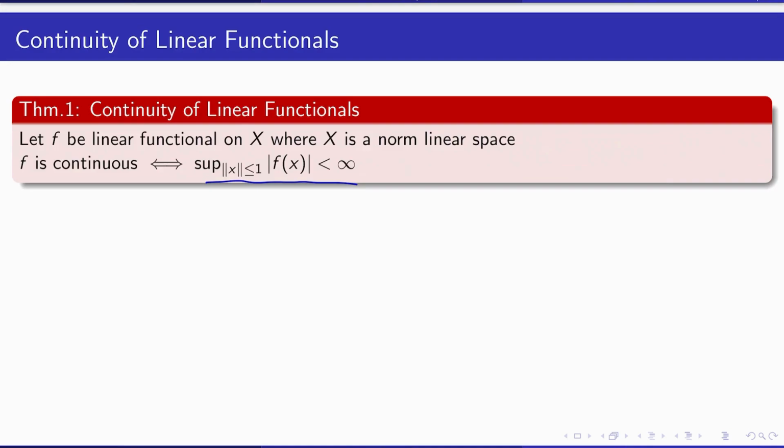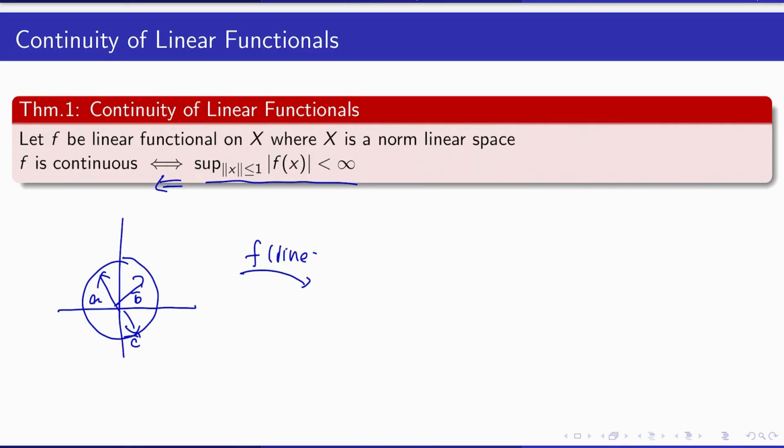Let's say we start from the right side and read it from right to left. What we're trying to say here is that you have a set of vectors A, B, C, and you map those vectors using your function f, which is linear, to a real line.